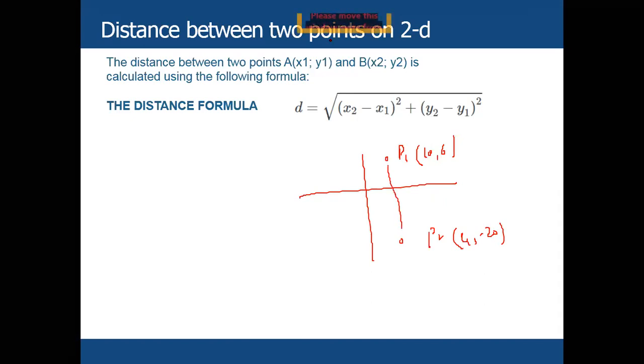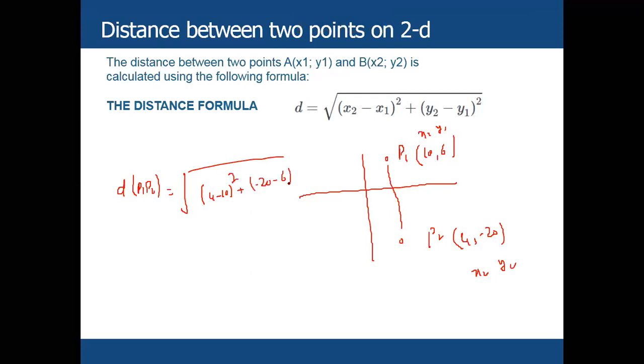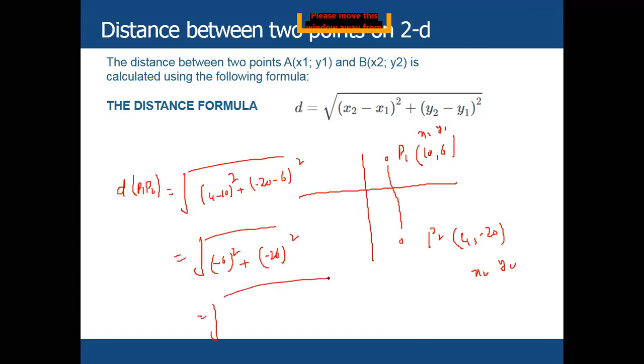Yes, so same, we use the distance formula. The distance between point number 1 and point number 2 has the formula x2 minus x1. If we consider these x2, y2, and this one is x1, y1, then x2 is 4 minus x1 is 10, and y2 minus y1, so y2 is minus 20 minus 6, whole square. 4 minus 10 is minus 6 squared, and minus 20 minus 6 is minus 26 whole square.